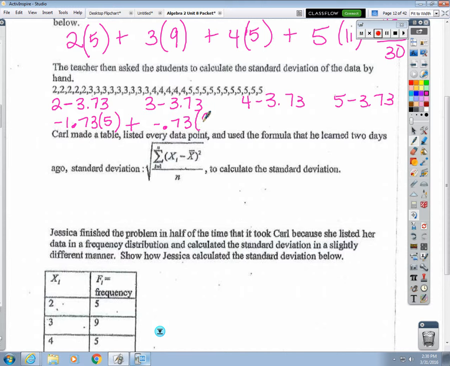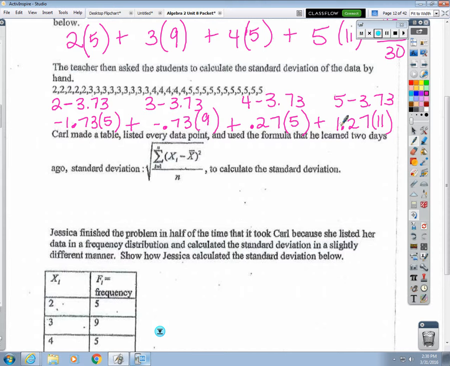So we would have multiplied it by 9. And then, what's 4 minus 3.73? 0.27, but aren't there 5 of those? And then 5 minus 3.73. 1.27, but aren't there 11 of those?